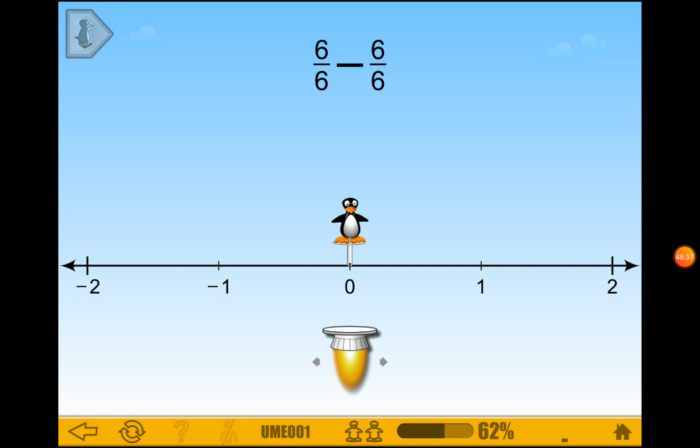6/6 minus 6/6 equals, so 6 minus 6 is 0, and then 0 divided by 6 is 0. I'm going to try to make it exactly in the middle. That's not quite exact. Is it even possible? Oh my god, why is this not exact?